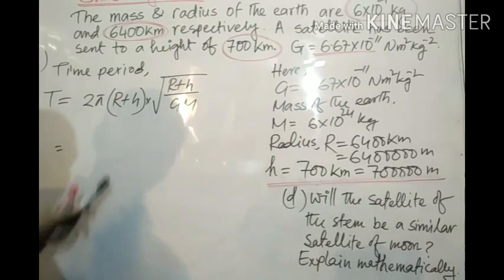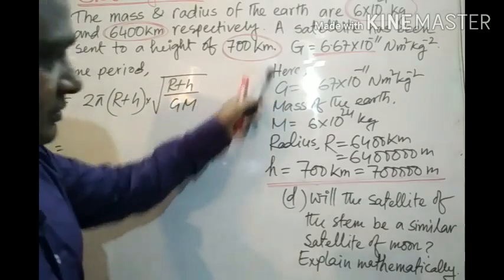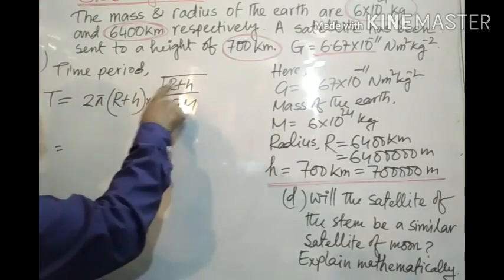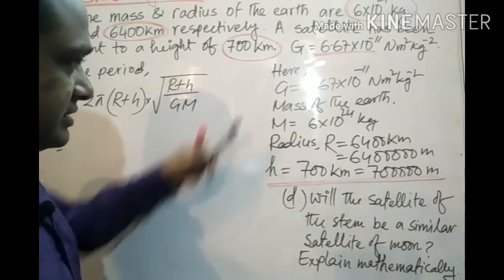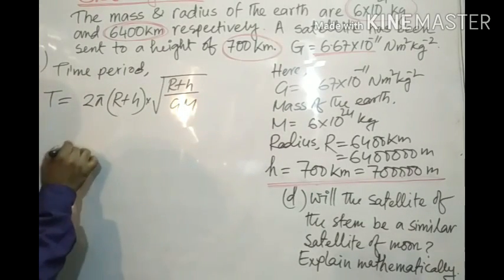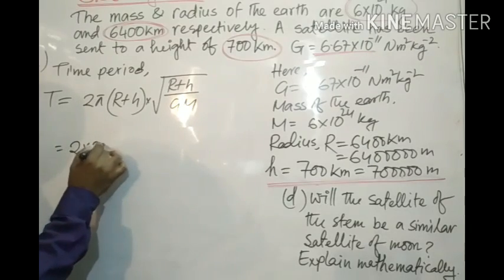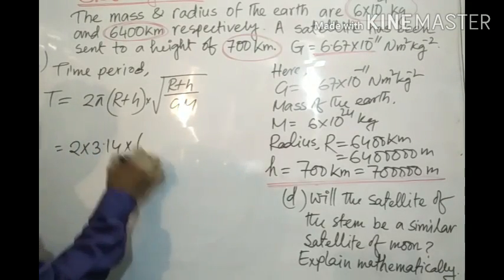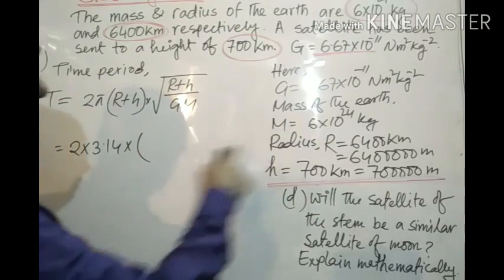All of the quantities used here are given here. R, H, G, M, all quantities have values here. Now if we place the values, 2 multiplied by π, 3.14, multiplied by R. R means the radius of the Earth.